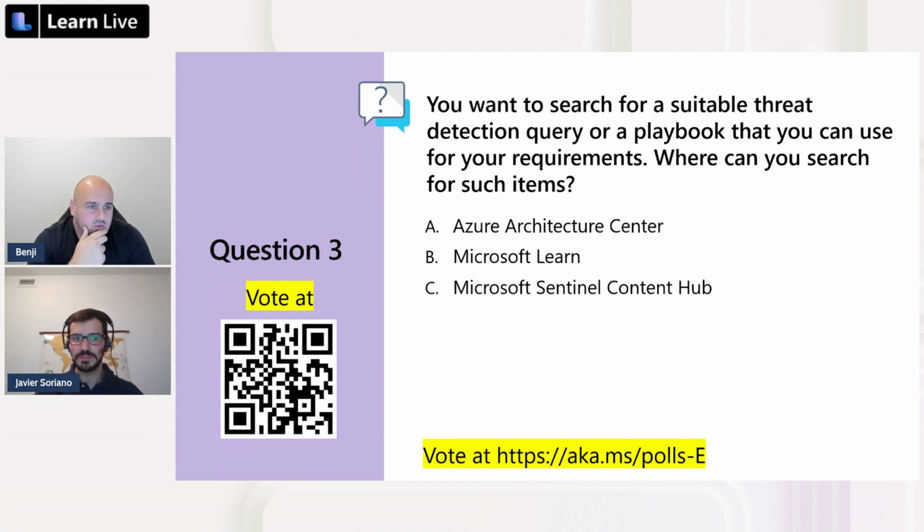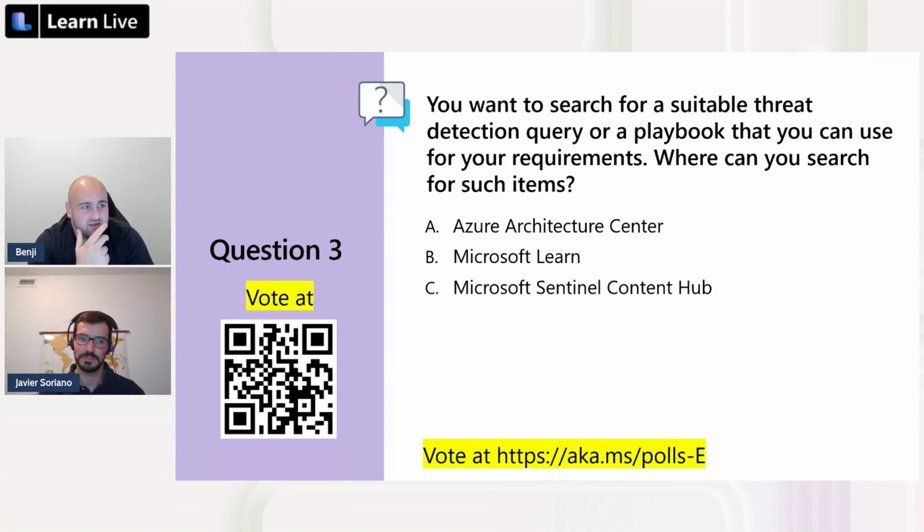Okay, so let's go through it. Azure Architecture Center, I believe that there is a lot of useful information inside of the Azure Architecture Center, but it is actually not the place where we want to go search for detection queries, playbooks, or anything that's connected to Microsoft Sentinel. Then we have Microsoft Learn. Another great list of resources that we can find inside of Microsoft Learn. But when we are actually inside of Microsoft Sentinel, we don't want to go to Microsoft Learn to search for any detection queries, playbooks, or anything around it.